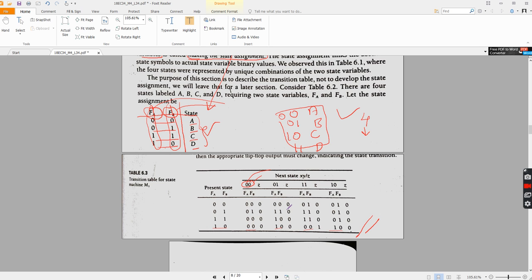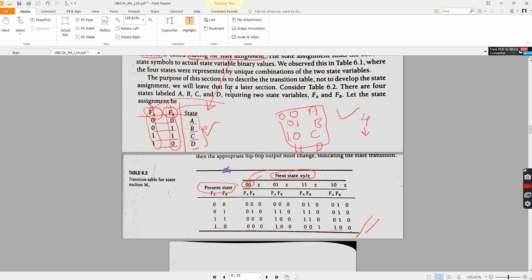Can anyone tell me the notation for present state and what is the notation for next state? Am I audible?